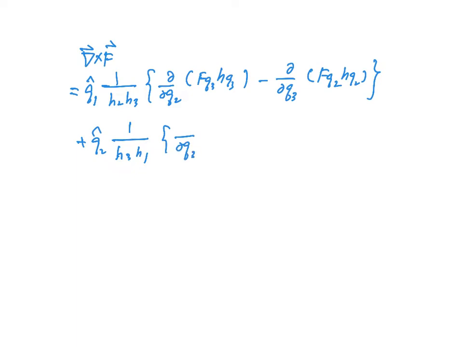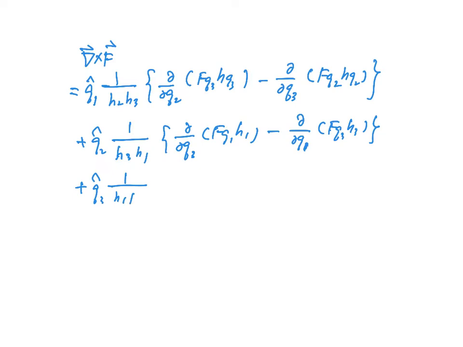Partial Q3, partial F Q1, H1, minus partial Q3, Q1, partial F Q3, H3, plus Q3, 3, 1, 2, H1, H2. Always go this way.